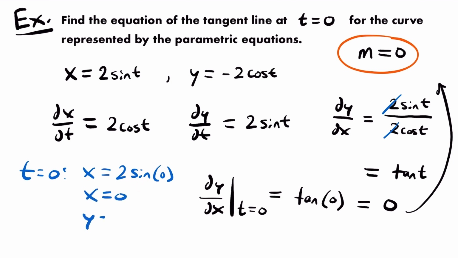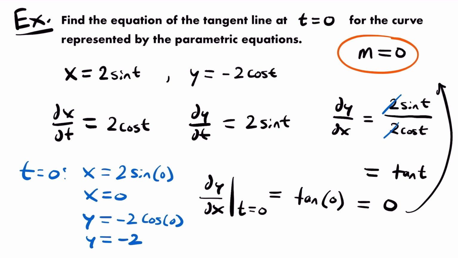And then for y, that will be equal to negative 2 times cosine of 0, right? y is equal to negative 2 times cosine t, so we have negative 2 times cosine of 0, and cosine of 0 is equal to 1, so we have 1 times negative 2, so y is equal to negative 2.